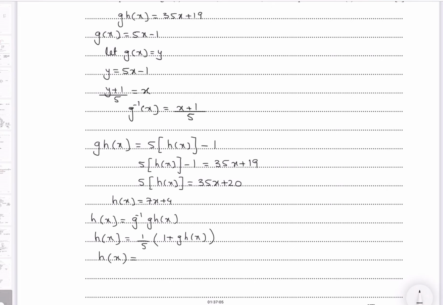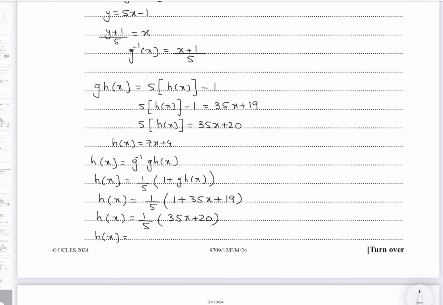Carefully, if you read it, you will understand. And now simplify it from here. G of h of x is given as 35x plus 19. So this becomes like this. Now 5 is the common denominator. So simplify it. You will get h of x is equal to 7x plus 4. So you got both ways to find h of x.